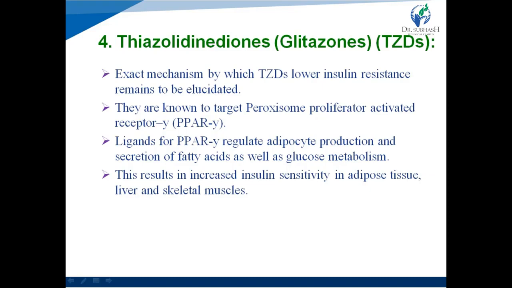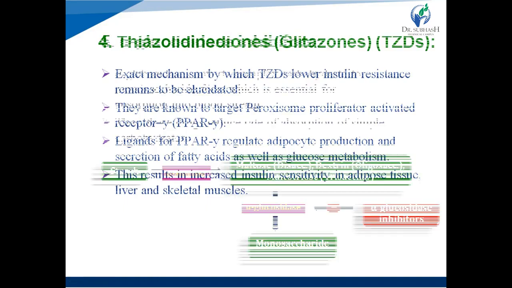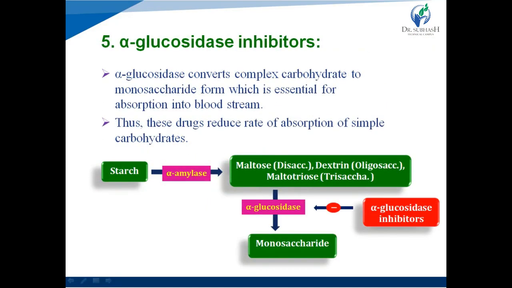Adipocytes are the fat cells, and also secretion of fatty acids as well as glucose metabolism. The ligands, thiazolidinediones, stimulate PPARY, and this results in increased insulin sensitivity in adipose tissue, liver and skeletal muscles.